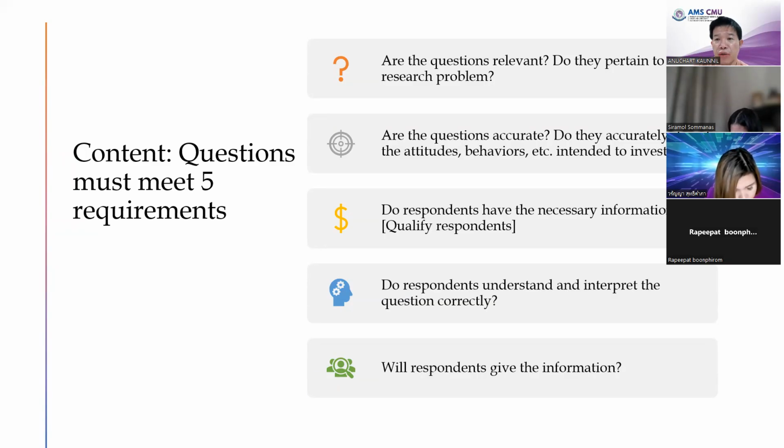Do they pertain to the research problem or not? Okay. Is the question accurate? Sometimes it is not, because it's just attitude. Attitude depends on behavior, or you need to investigate the facts.